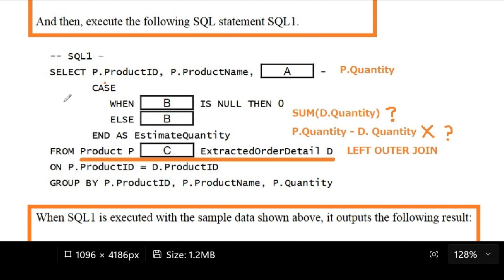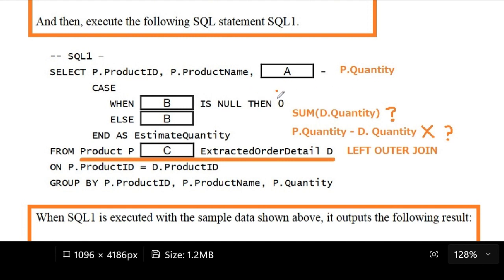In this case, if we are going for the first blank, which is blank A, it's saying that we select the product ID and the product name, and another thing that we have to look for, and from my notes, it's supposed to be P quantity.